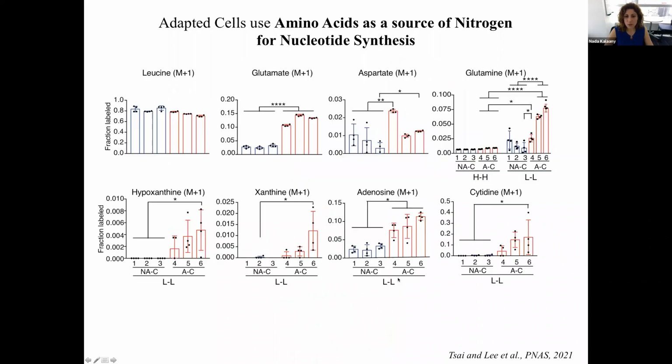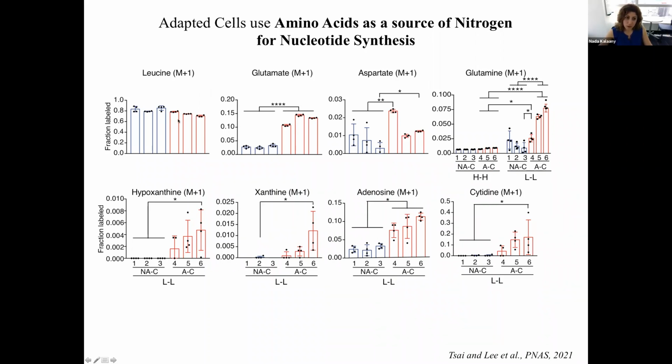So indeed, we found that the nitrogen from leucine, so this is a mass shift M+1 with mass spec, you can see that this nitrogen is transferred into glutamate, indicating that the transaminases are active to generate glutamate, and then from glutamate to aspartate, so through GOT, the aspartate transaminase, and that also we see glutamine synthesis from this glutamate, because the M+1 is also present here, particularly in the adapted clones as compared to the non-adapted clones under low-low conditions.